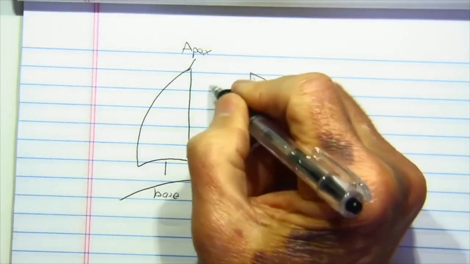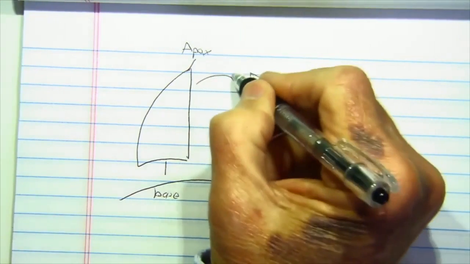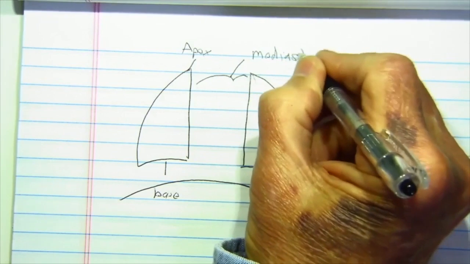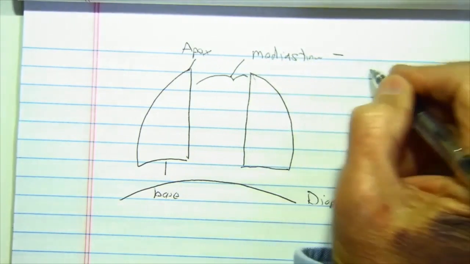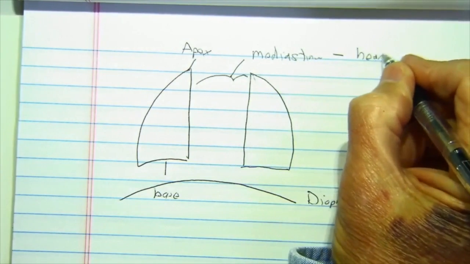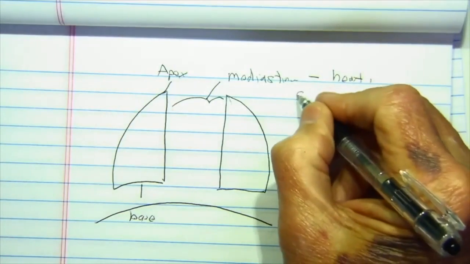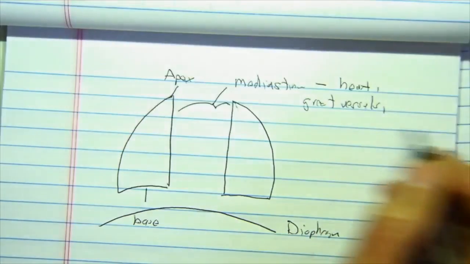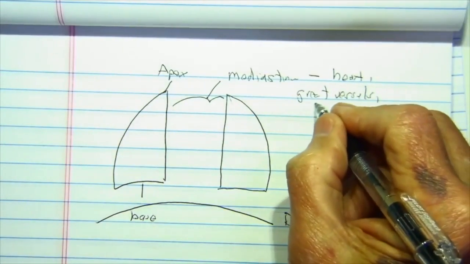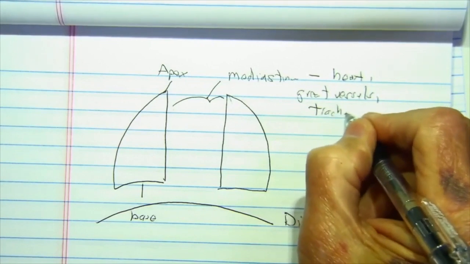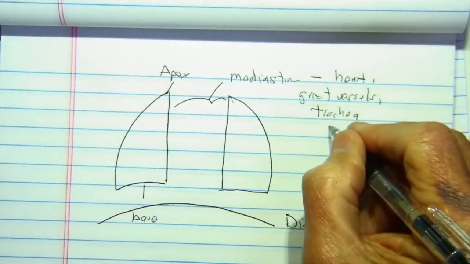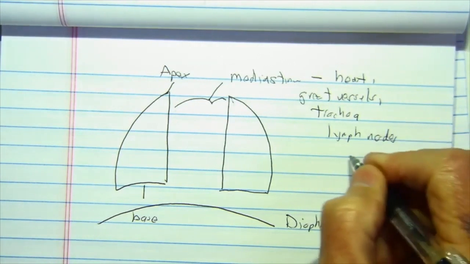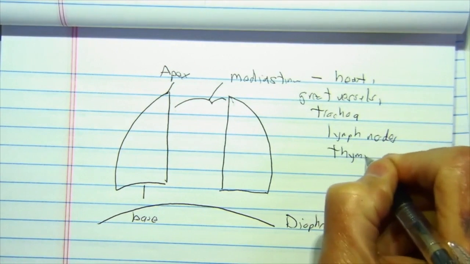Remember that sitting between the lungs is what's called the mediastinum. And that's where I'm going to have my heart, and my great vessels, and my bronchus, my trachea. And I'm also going to have some lymph nodes, and I could go on in here, and the thymus gland, just for examples.